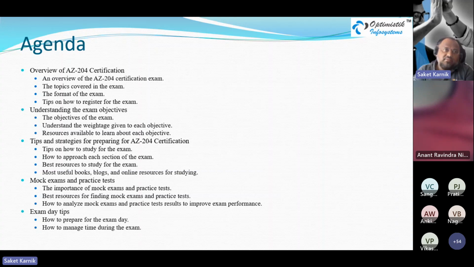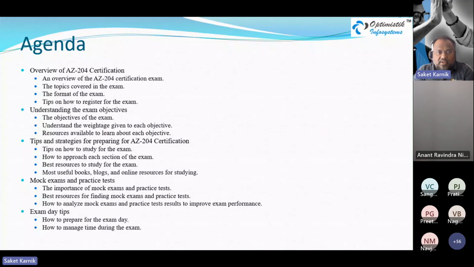So ultimately, the exact objectives set by Microsoft. Understand the weightage given to each objective, which is an important aspect so that accordingly we can prepare. And then resources available to learn about each of the objectives set by AZ-204.